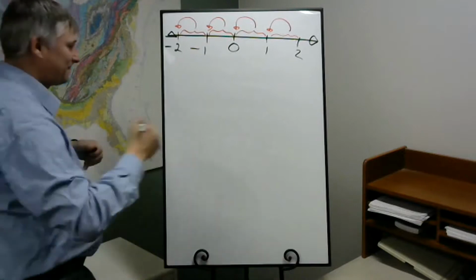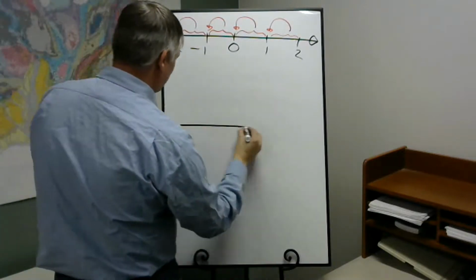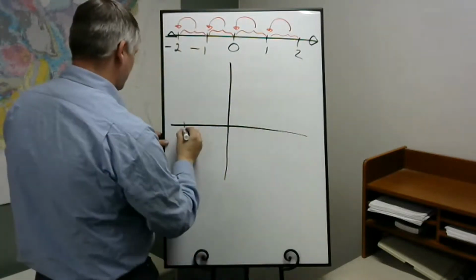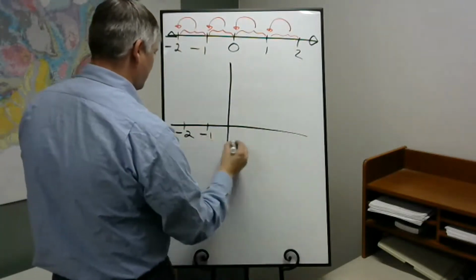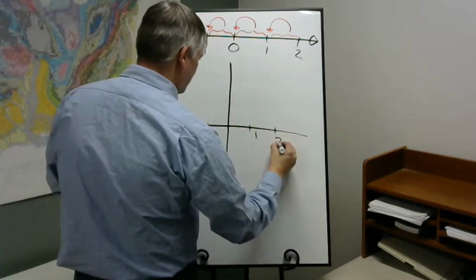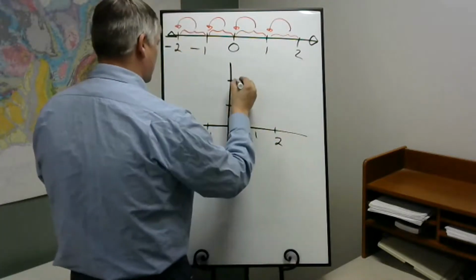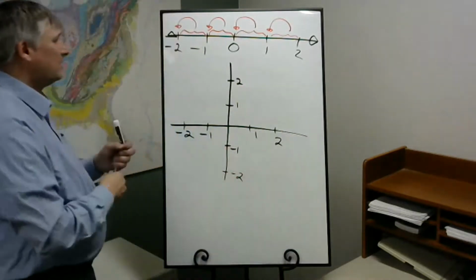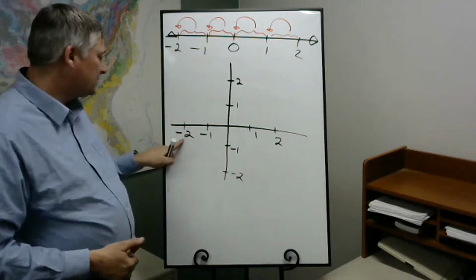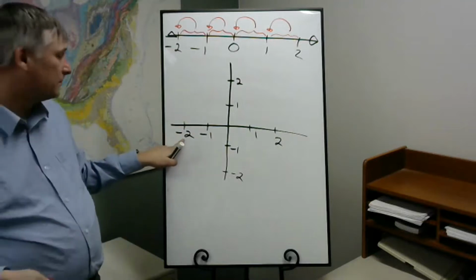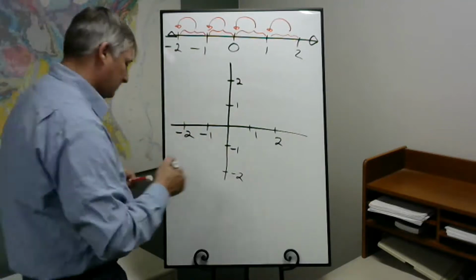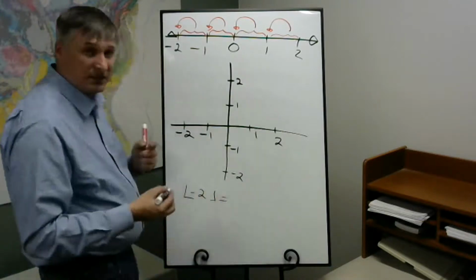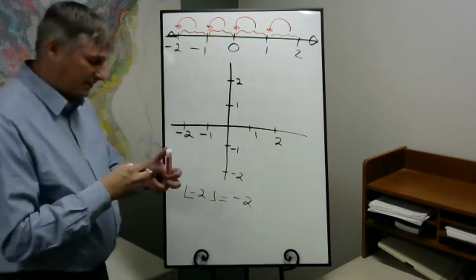So let's graph this. So first off, if we apply the greatest integer function to -2, it's equal to -2. The greatest integer function applied to an integer is just that integer.